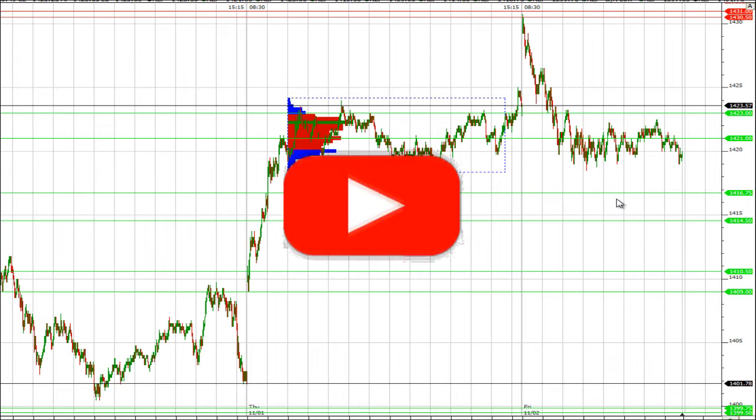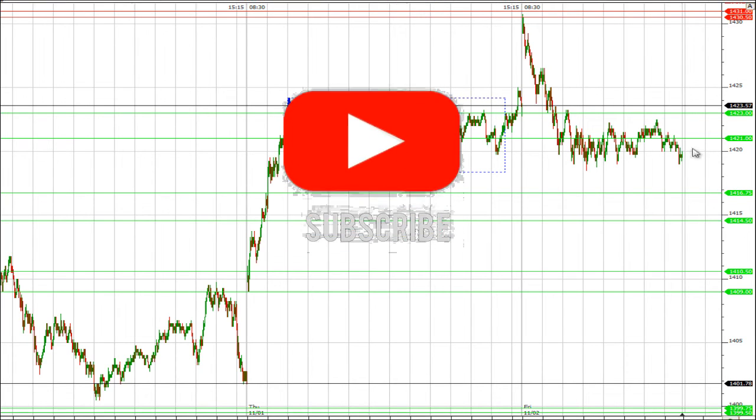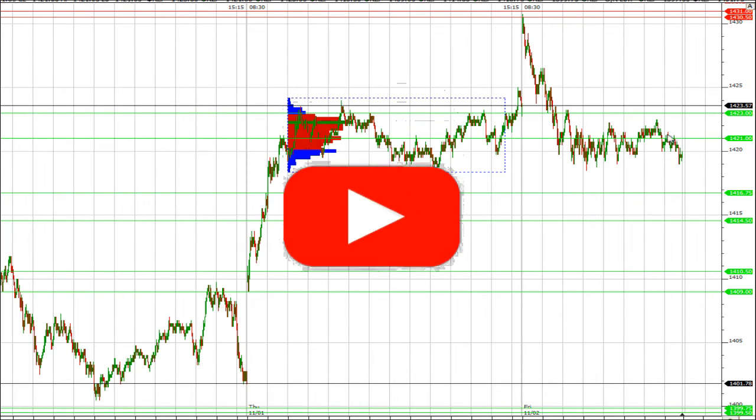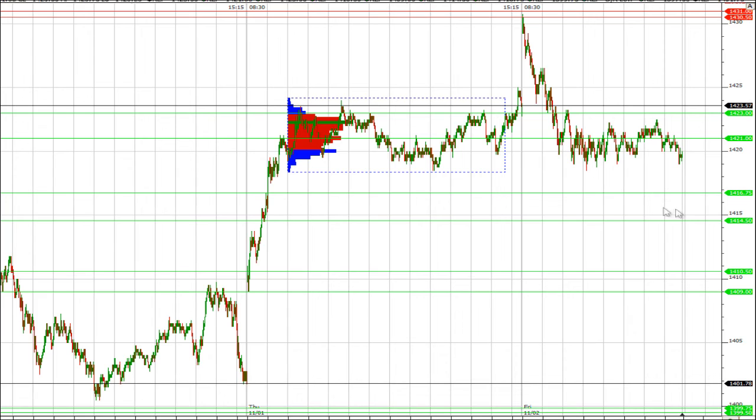Again, there's never a complete right answer, but in this case, if you're getting a balance area and if this thing extends even more, if we break down into this support zone, we'll be breaking down out of a balance area, which is actually quite bearish. And it'll be initiative, high conviction activity to break out of a balance area into a support zone.